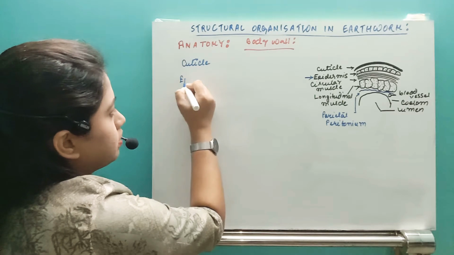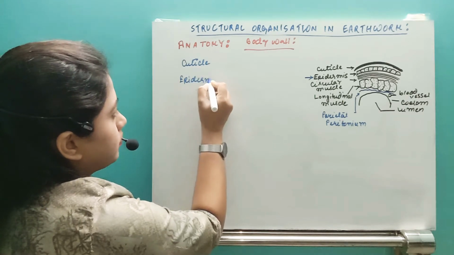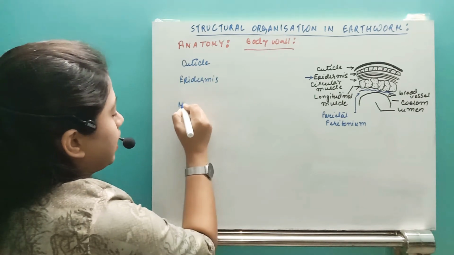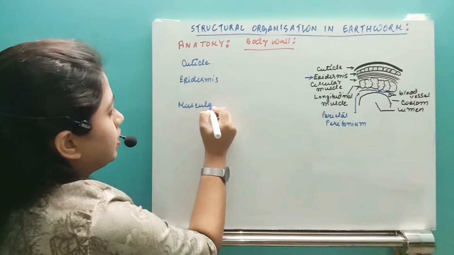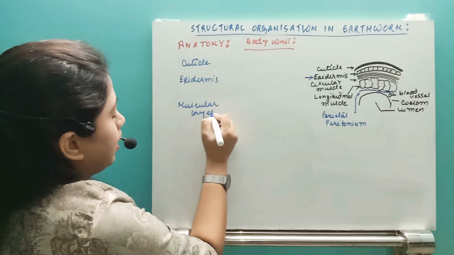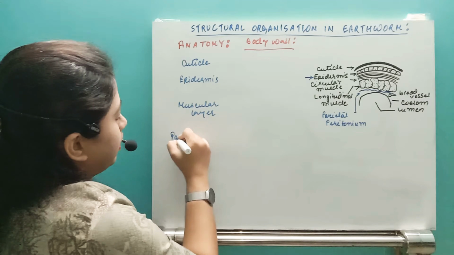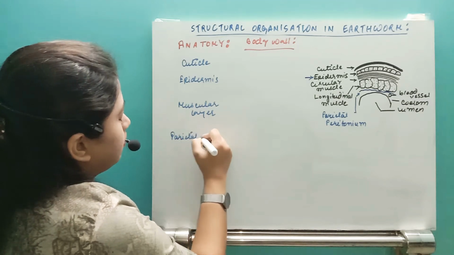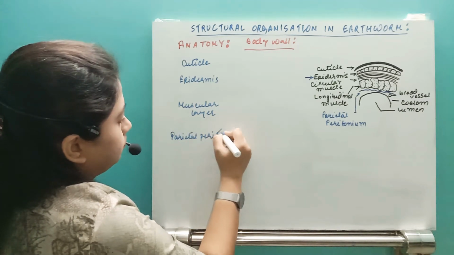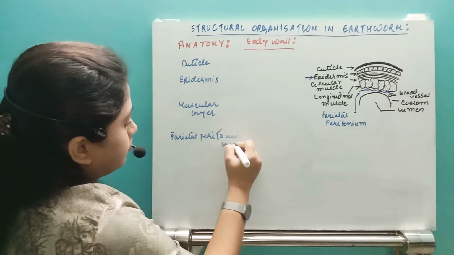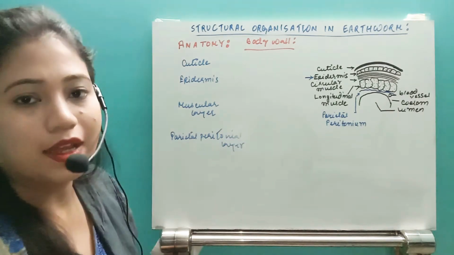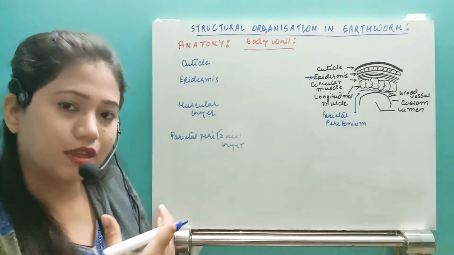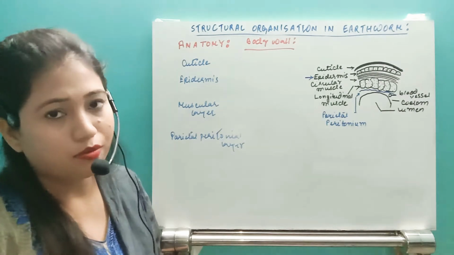Next one, epidermis. Then after that they have the muscular layer and the parietal peritoneal layer. Okay, so let's just see actually how many layers will form the body wall.